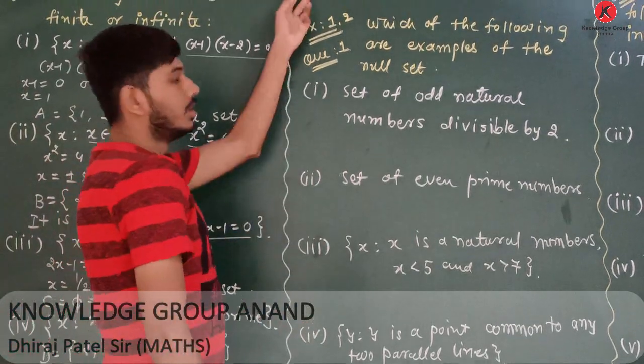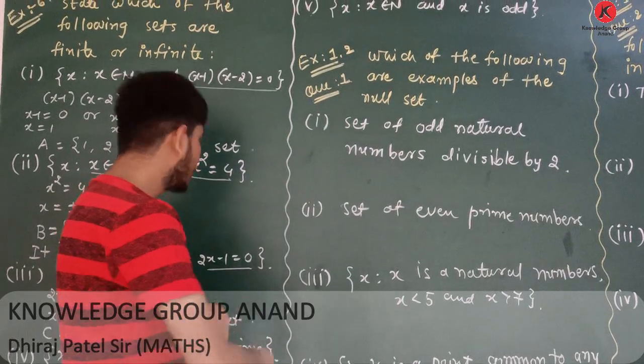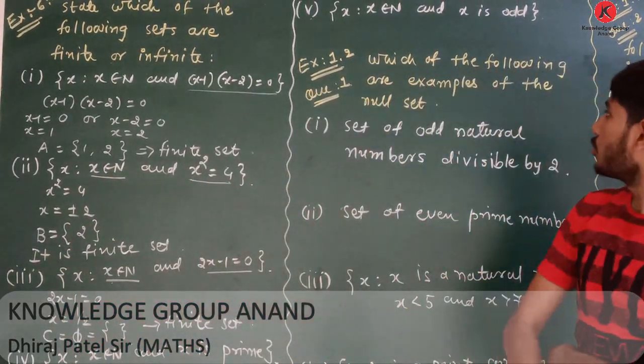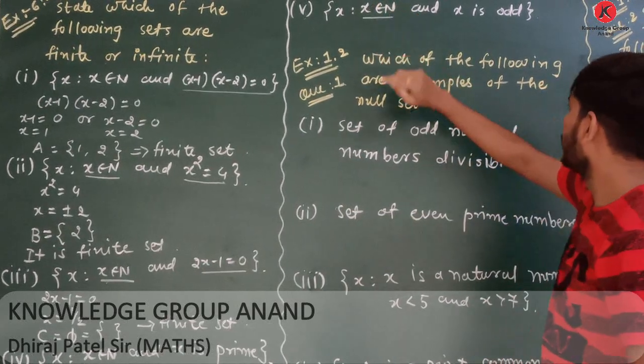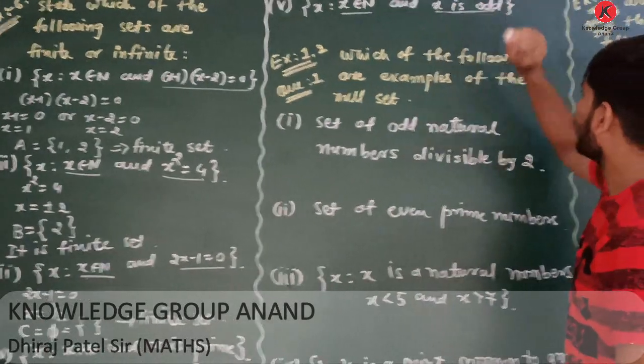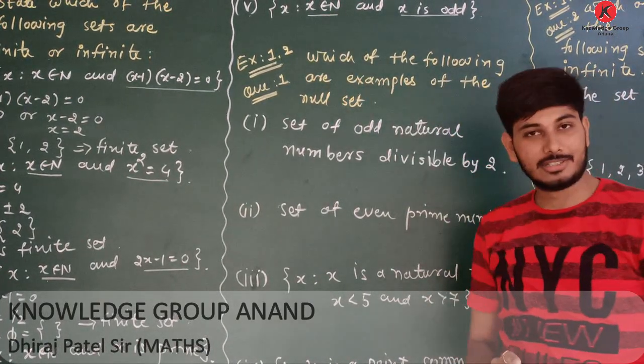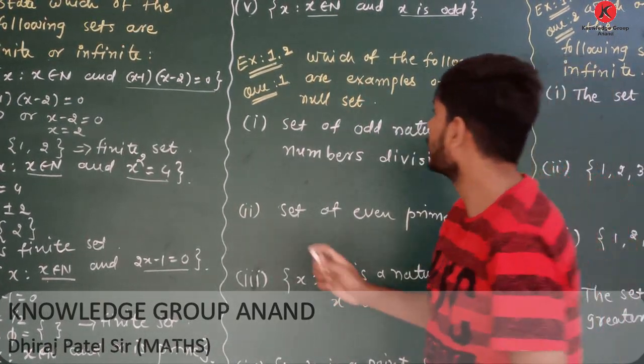Now, going to question number 5. x such that x belongs to N, means x is a natural number, and x is odd. x is an odd natural number.